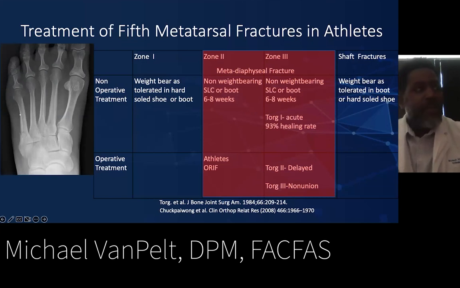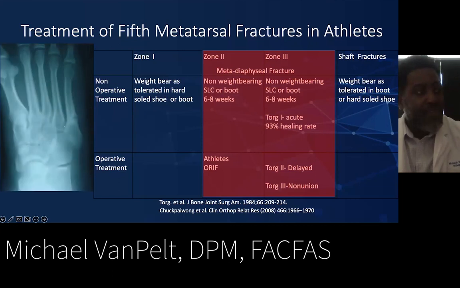But when you're talking about an athlete, and we're talking about sports today, trying to get the athlete back to the field, the court, or whatever their sporting activity is, typically you want to try to get them going sooner and get them mobile, healed, and stabilized so they can return to their sport.